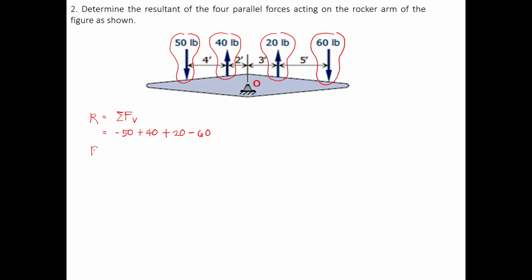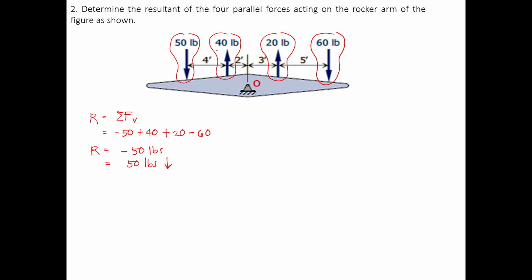So the resultant force for the system will be negative 50 pounds. Or in arrows, that will be 50 pounds going down. So that's the resultant force, 50 pounds going down.